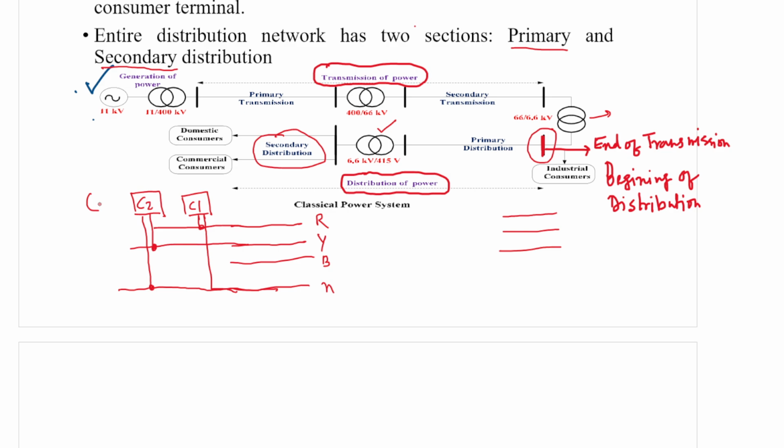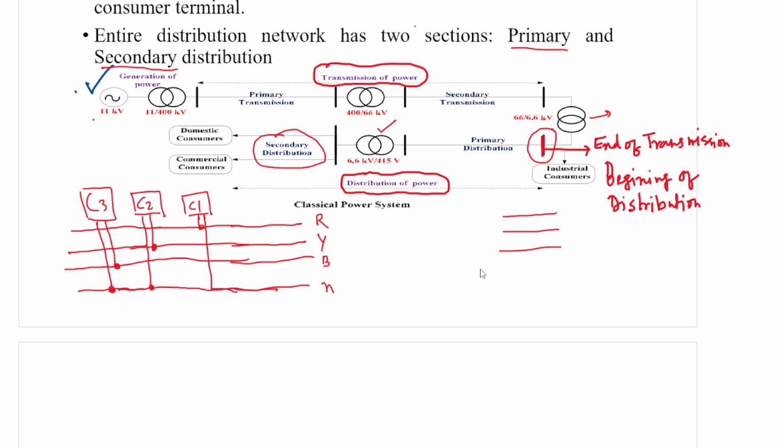Some other consumer 3 is getting another single phase supply, from B phase and neutral. In this way the entire distribution network looks.